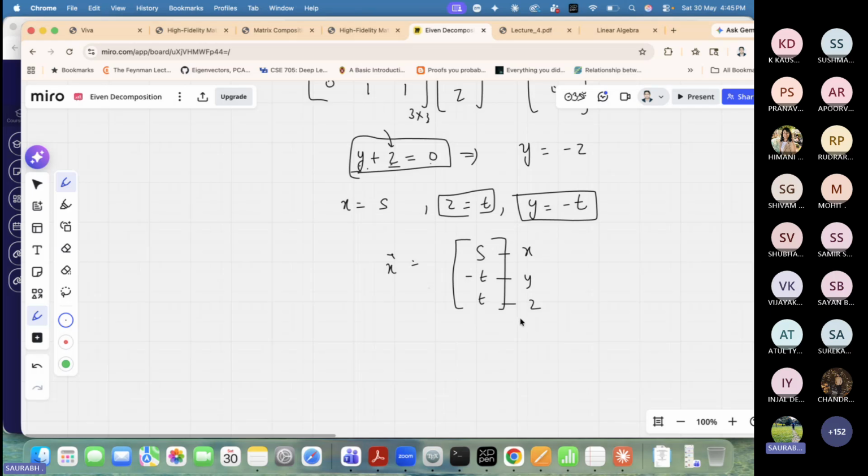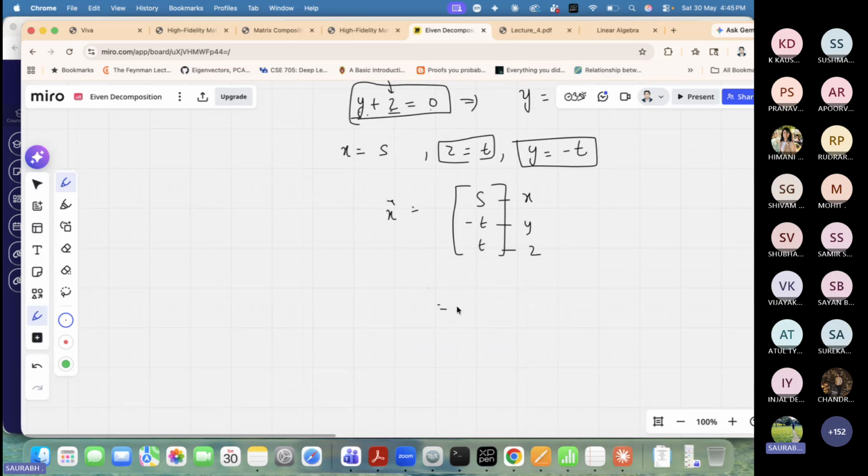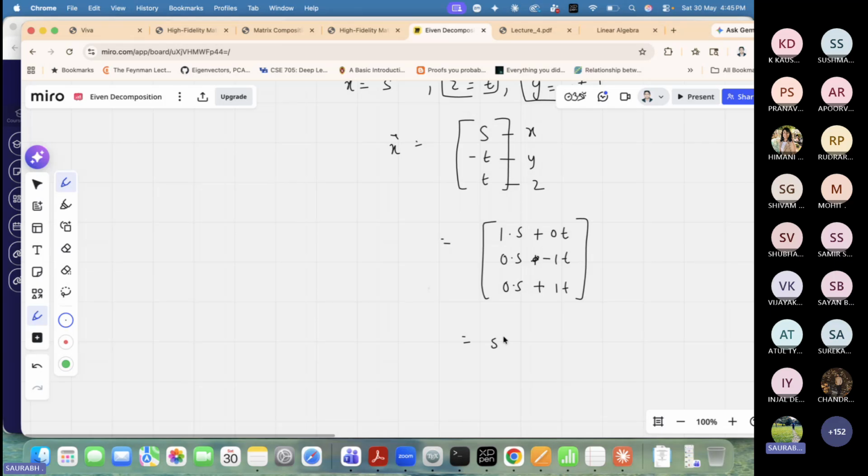Or you can write it like this as well: 1 times s plus 0 times t, 0 times s plus minus 1 times t, and 0 times s plus 1 times t. Now you have two different vectors: s times (1, 0, 0) plus t times (0, minus 1, 1). So this is what it would be.